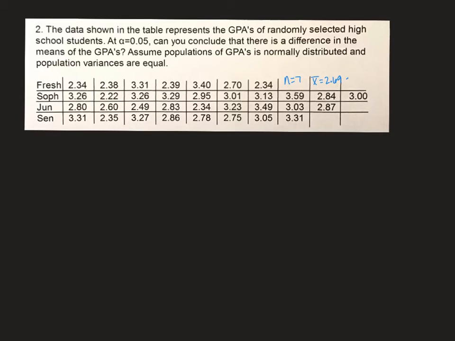And the variance is 0.220. Sophomores, we had 10. We had a mean of 3.06 and a variance of 0.132.